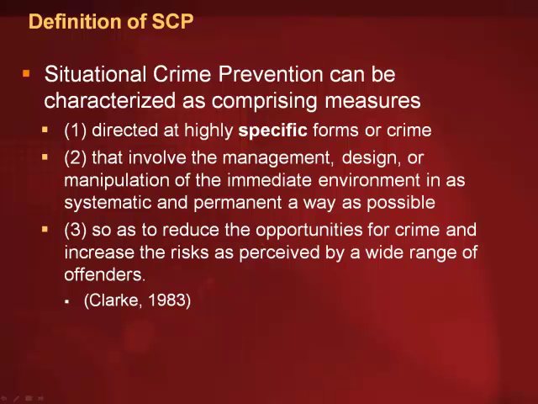Situational crime prevention involves primary crime prevention directed at specific problems, places, persons, or crimes, as opposed to making broad changes in an entire community or neighborhood, which is much closer to CPTED.